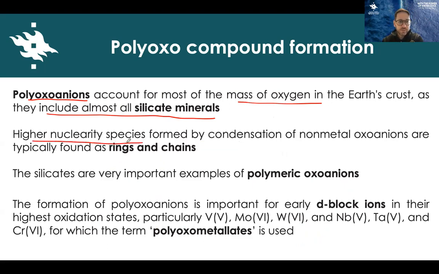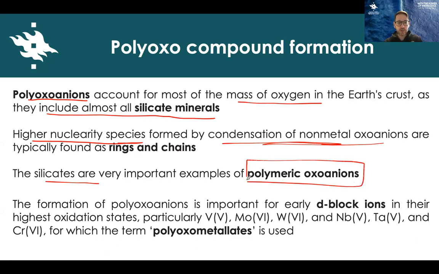These species, having higher nuclearity, formed by the condensation of non-metal oxo anions, are typically found as rings and chains. The silicates are an important example of polymeric oxo anions.